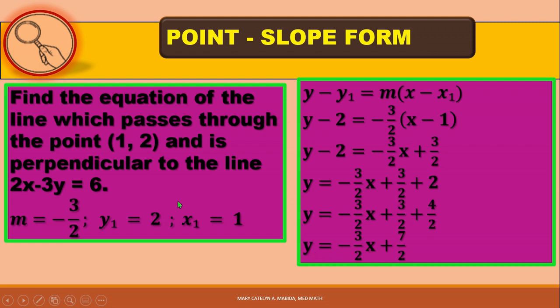Now, the equation which is perpendicular to 2x minus 3y is equal to 6 that passes through point (1, 2) is y is equal to negative 3 over 2x plus 7 over 2. The slope of the equation 2x minus 3y is equal to 6 is the opposite reciprocal of the slope of the equation perpendicular to its line.